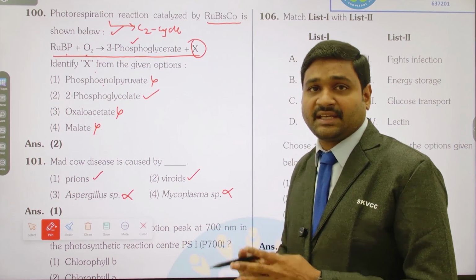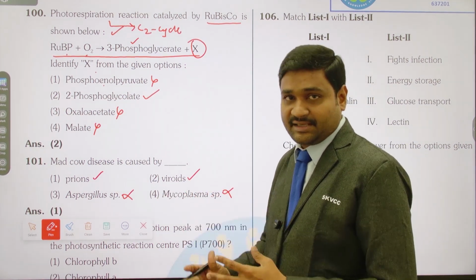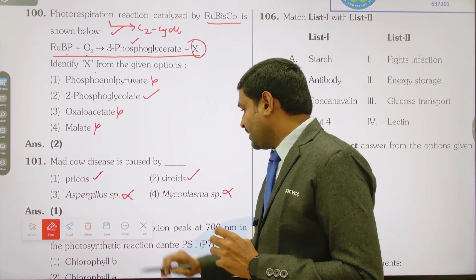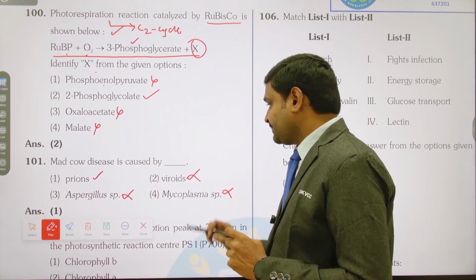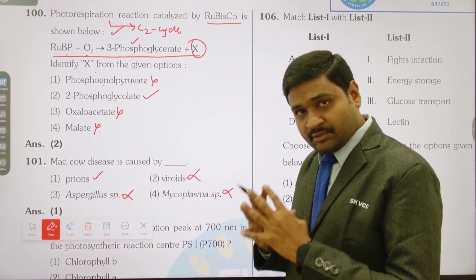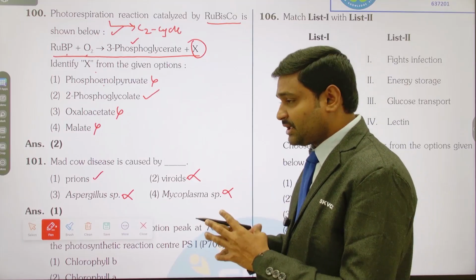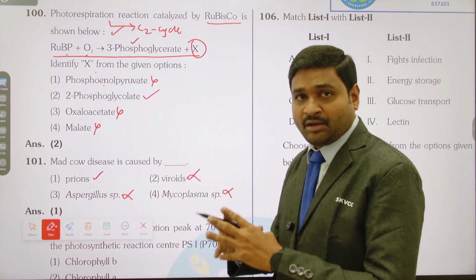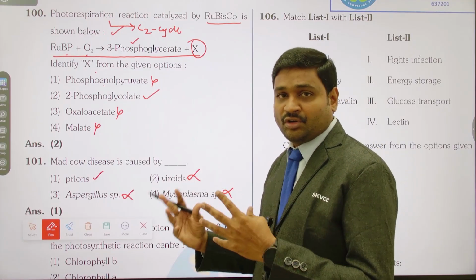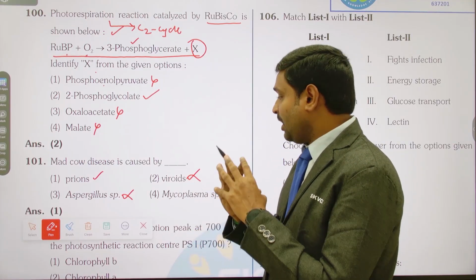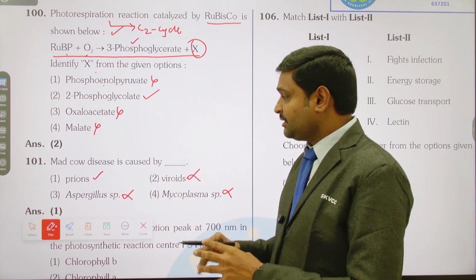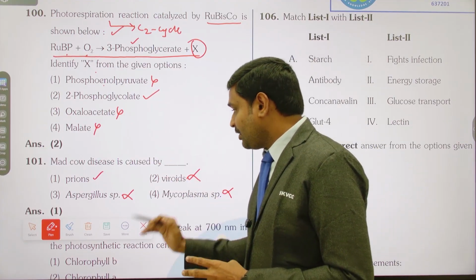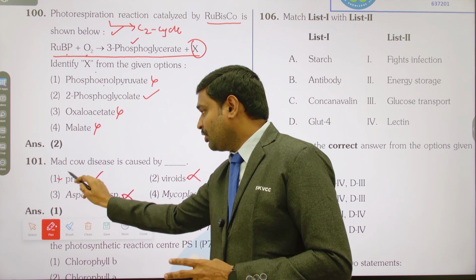Aspergillus niger produces citric acid, not mad cow disease, and it is also a fungus. Viroids are smaller than viruses and lack a protein coat. They are also pathogenic, but they do not cause mad cow disease. So the clear option is prion.